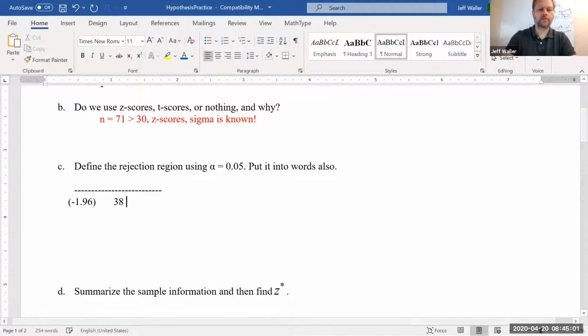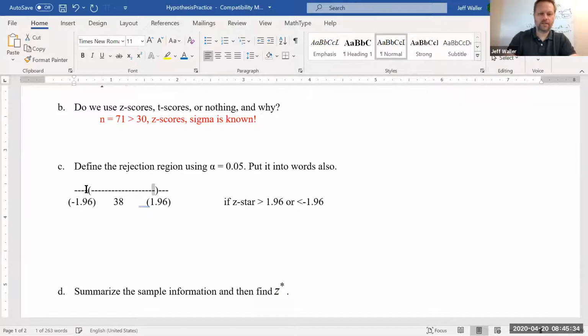Right, so anything outside of there is going to be my rejection region. So if my Z star is greater than 1.96 or less than negative 1.96, because again, the null hypothesis thinks it's somewhere in here.